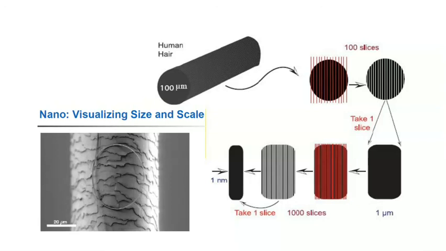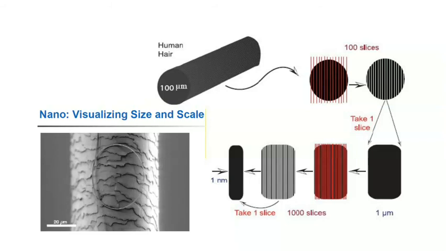So the two objects are together. One is a naturally present object and the second one is a man-made material. Why I want to show this SEM image is just to visualize how small the nano is with respect to our human hair.